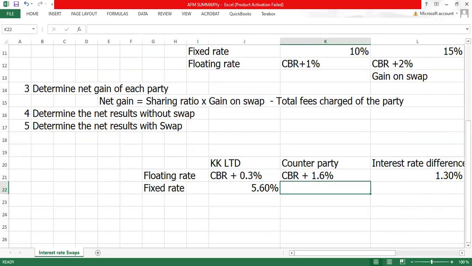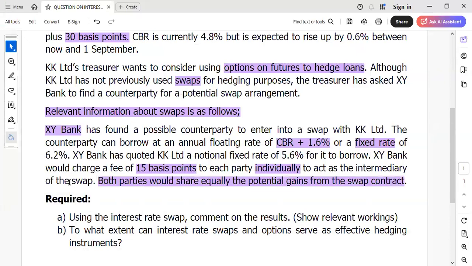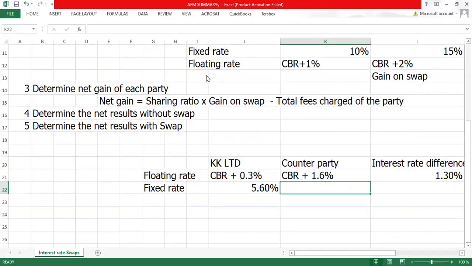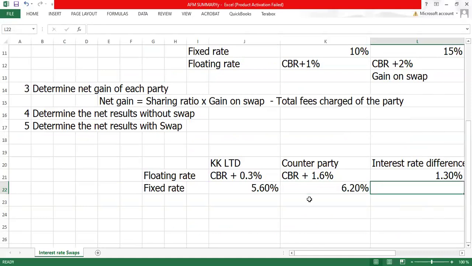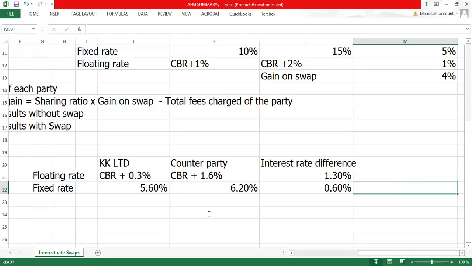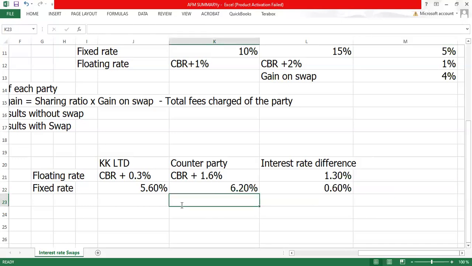We are given 6.2%. So what is the difference? It is 0.6.